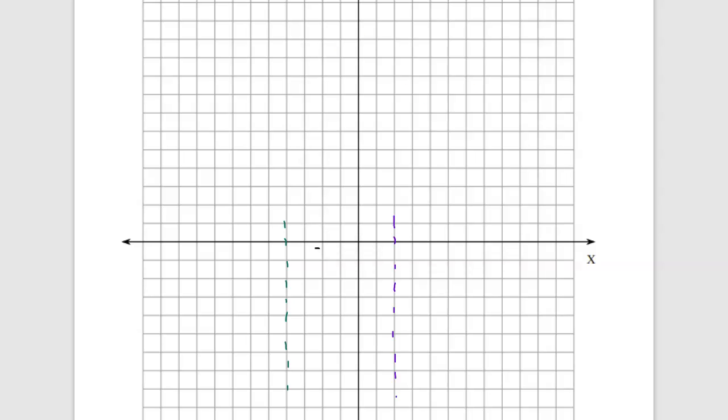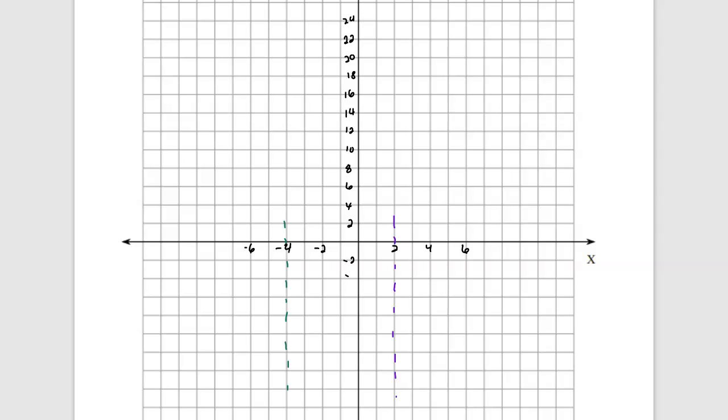So I'm going to say that this is -2, -4, -6, 2, 4, 6. But this is going to be 2, 4, 6, 8, 10, 12, 14, 16, 18, 20, 22, 24.